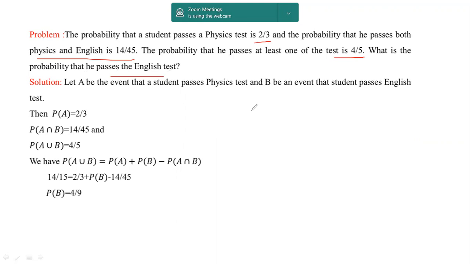So individual probabilities are provided. Probability of passing physics is 2 by 3. Here in this question, A indicates physics, B indicates English.